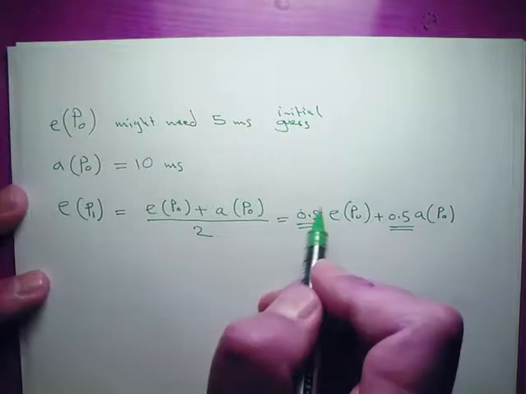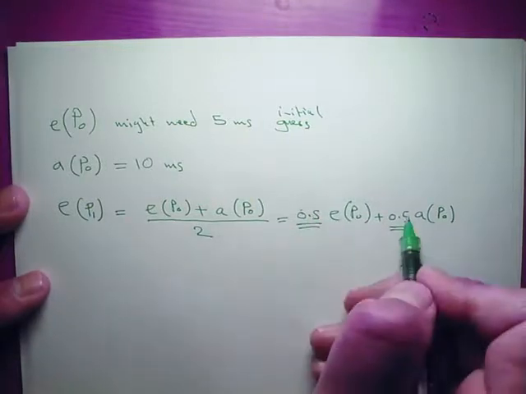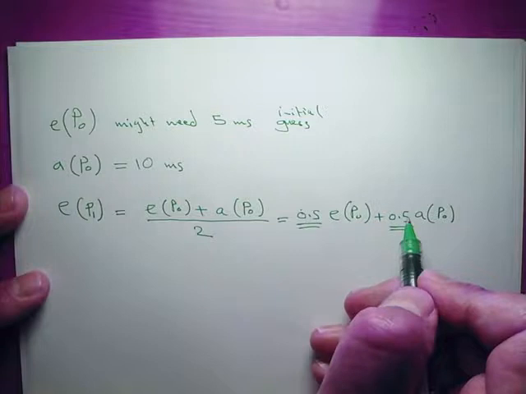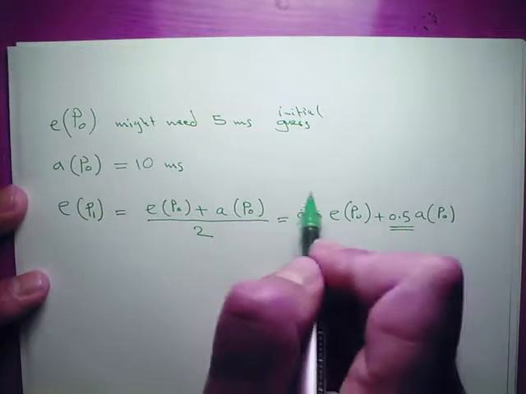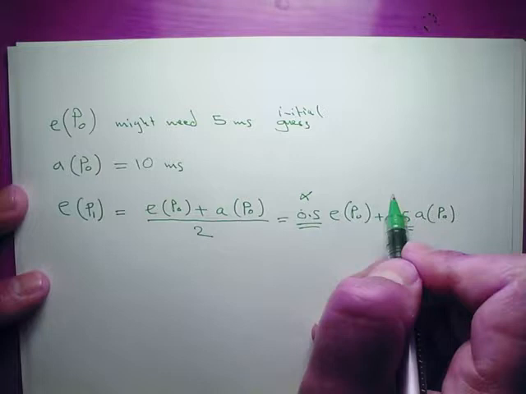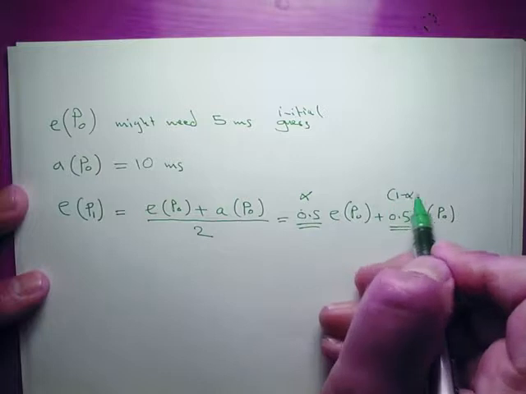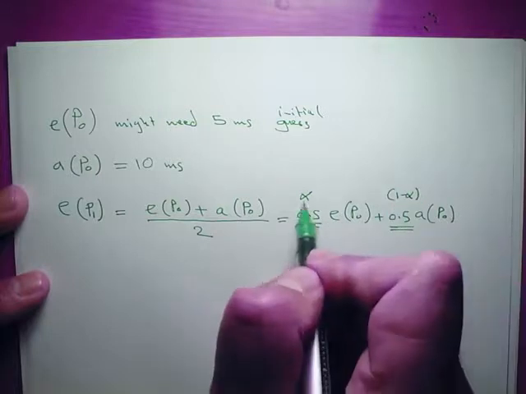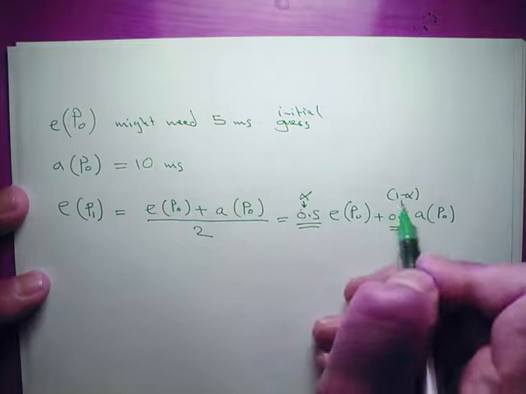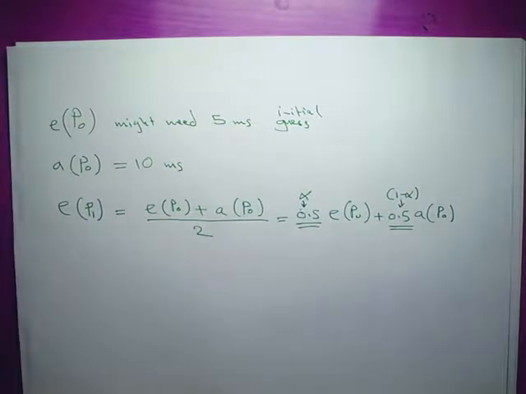So here I'm giving the same weight. I can say this is a weight, and here is another weight. Let us call this weight alpha. Then this should be 1 minus alpha, right? The summation of the weights that you give in any equation of this type should be equal to 1. So this is what we're doing here.